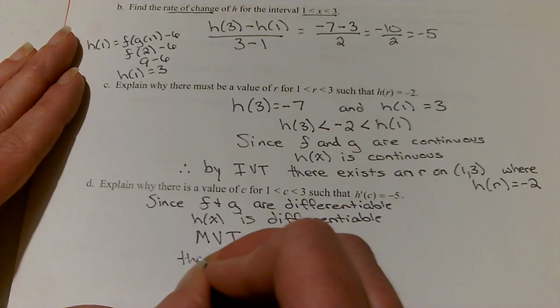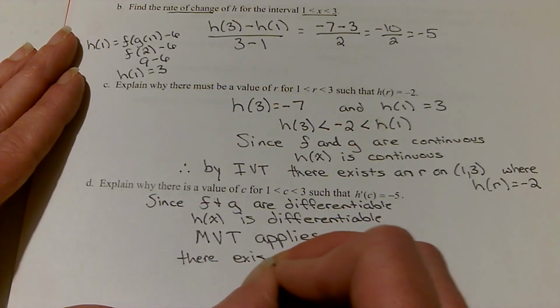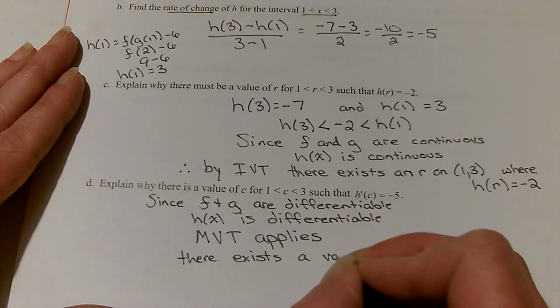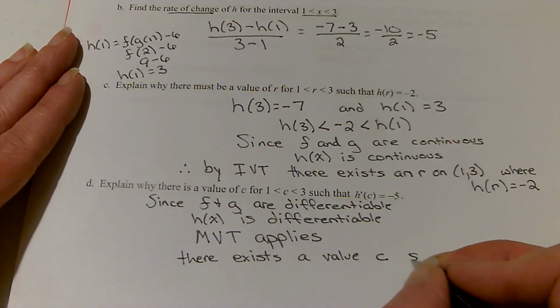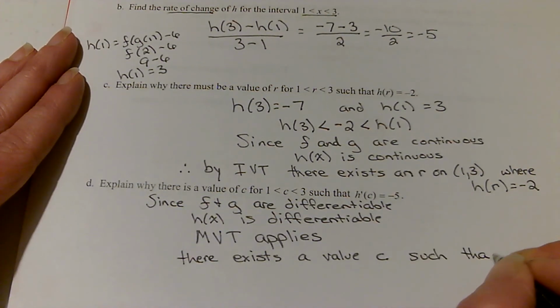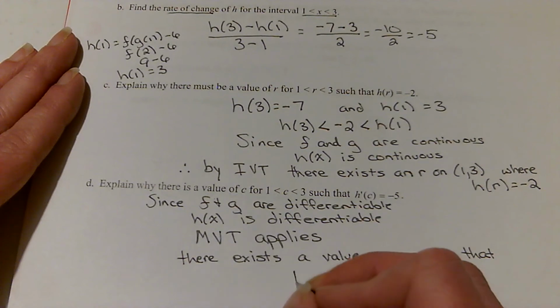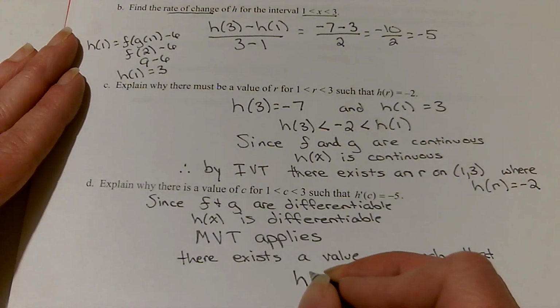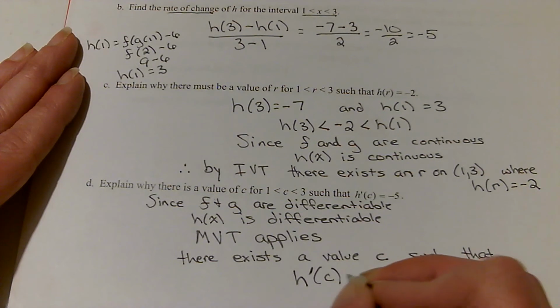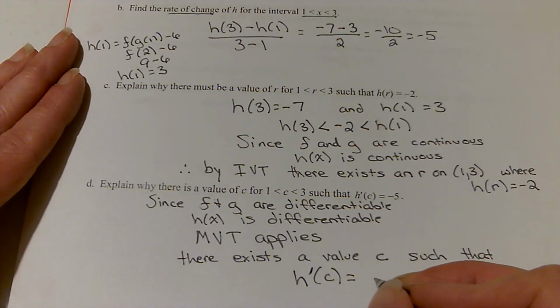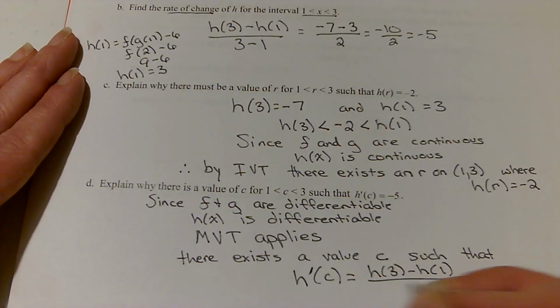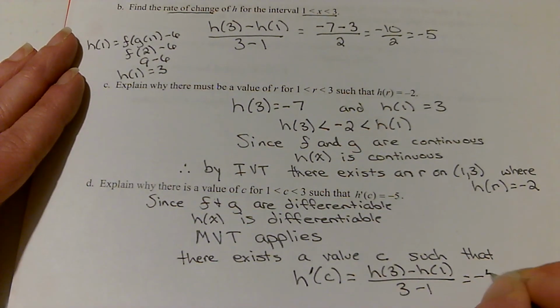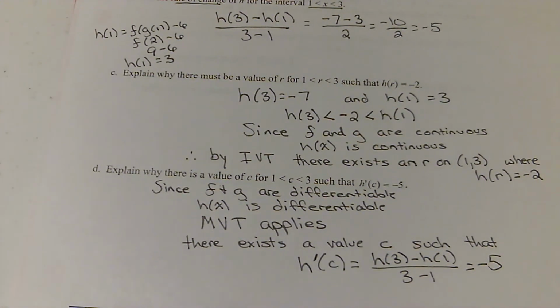There exists a value c such that h prime of c equals, and I'm going to go ahead and be very specific, h of 3 minus h of 1 over 3 minus 1 equals negative 5. Since we'd already found that earlier, I don't have to show all the work. I can just copy it down.